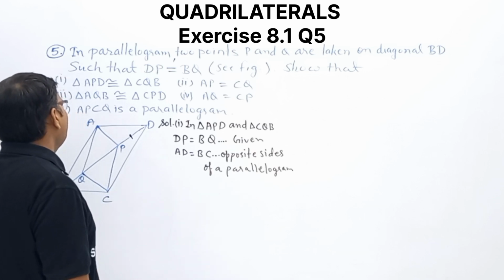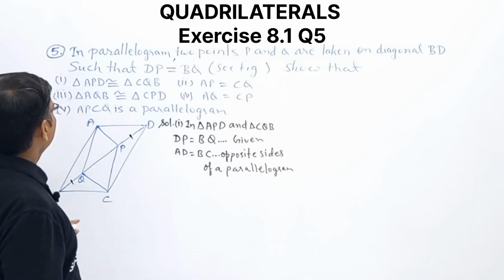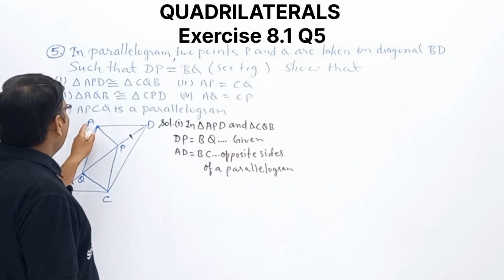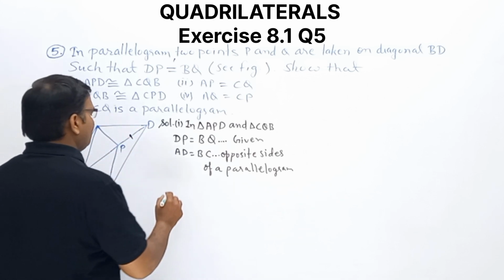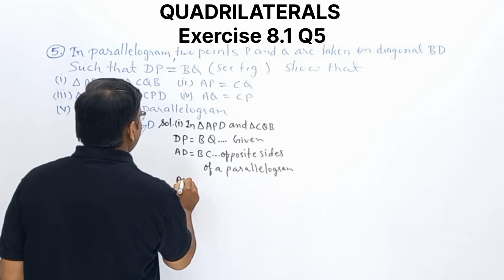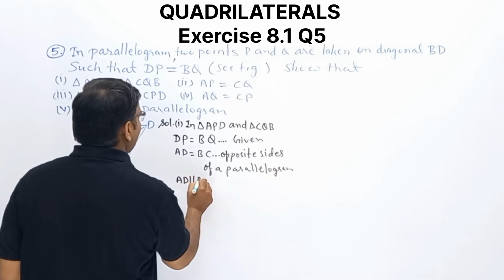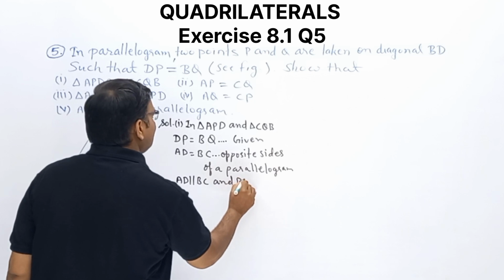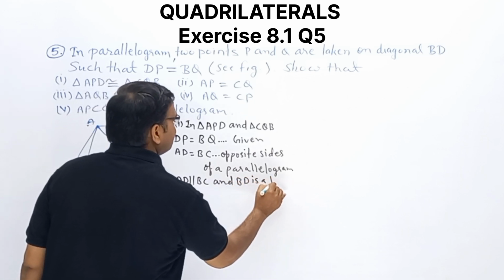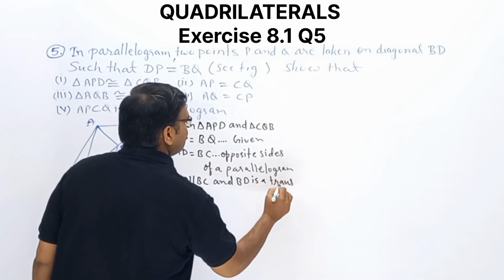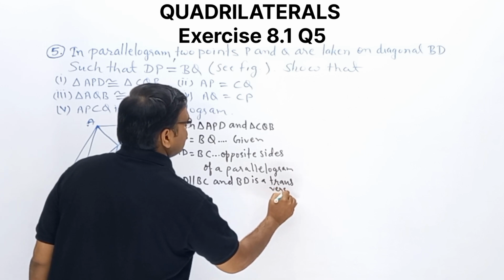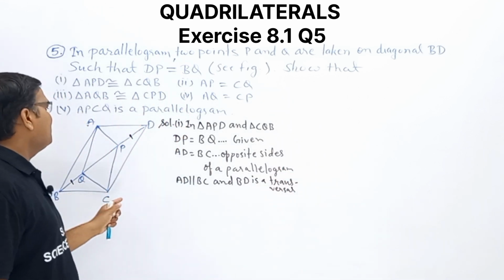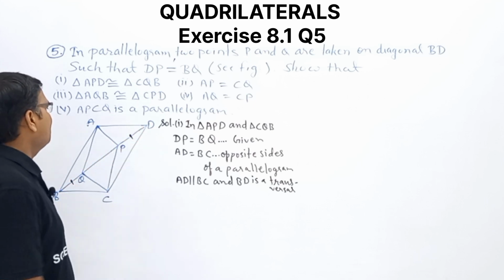Clear? Now one more thing required. Now what we can say? AD is parallel to BC and BD is a transversal.